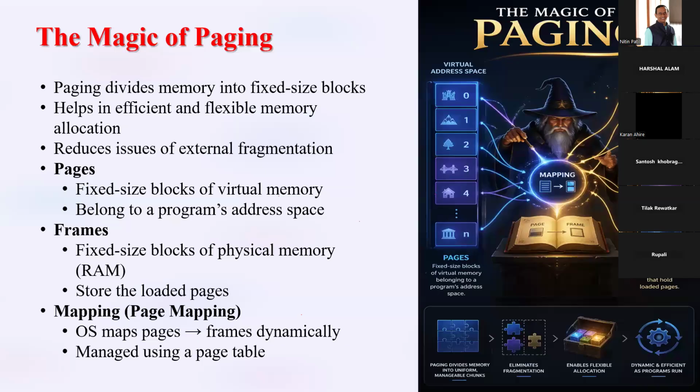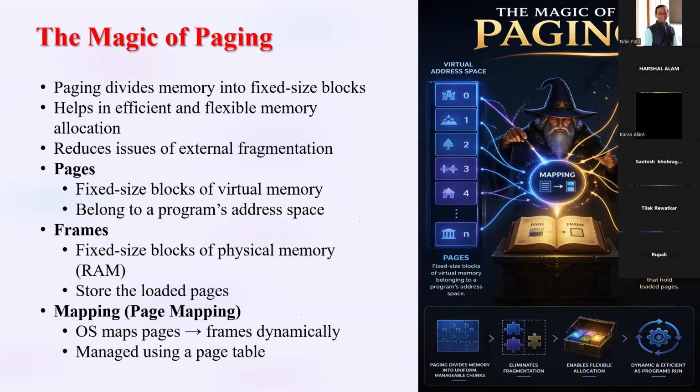Now let us try understanding this core mechanism that actually makes virtual memory work. Till now, we have talked about illusion, perception, and abstraction. But here is where the real engineering begins. The question we left was, a program sees a large continuous address space, but in reality, memory is scattered across RAM and disk.